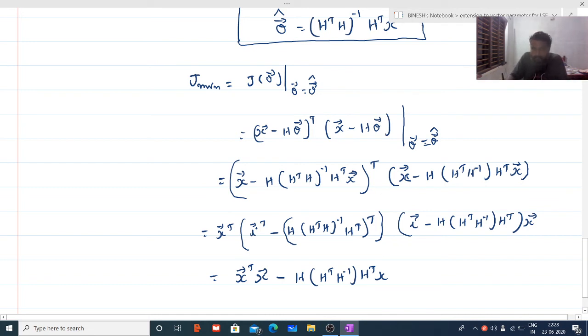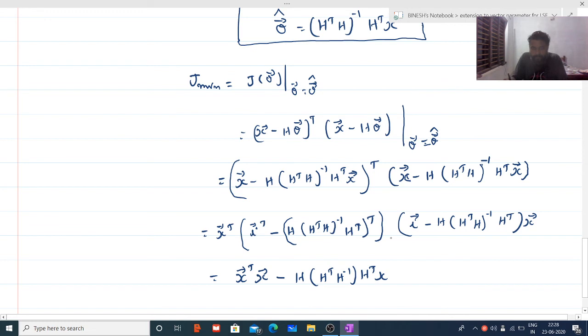It is not like that. Here also I have done one mistake. It should be H transpose H, whole inverse. Now it will be H of I.